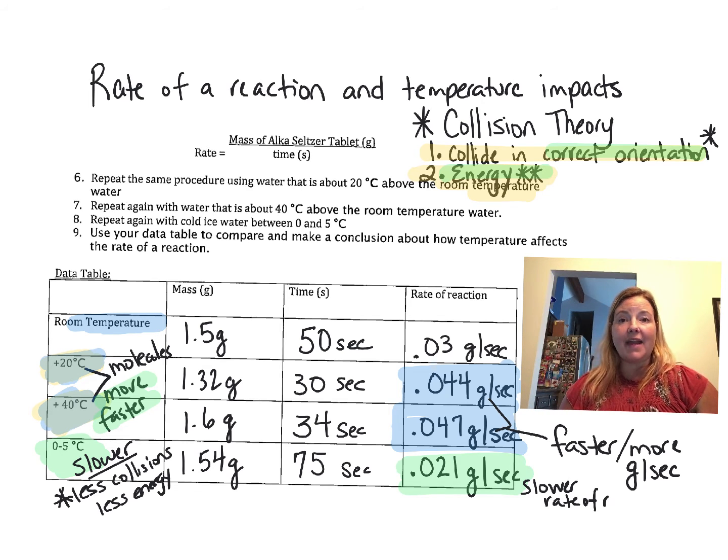So we can see in our data table that the rate of the reaction is much slower at colder temperatures than at warmer temperatures. Again, your data doesn't need to be exactly the same, but it should show the same general trend as mine.